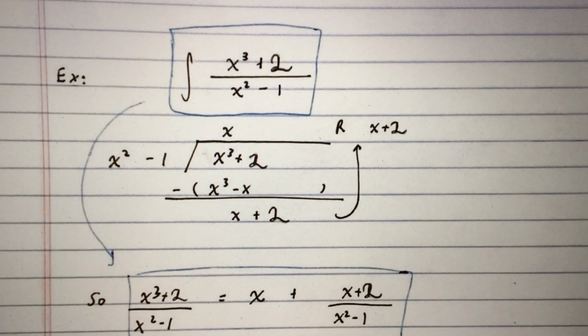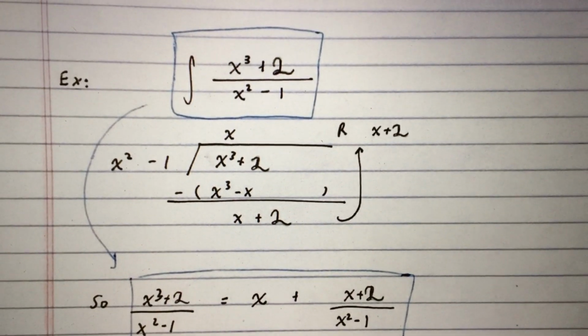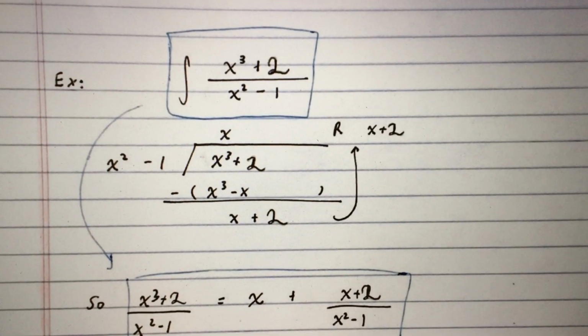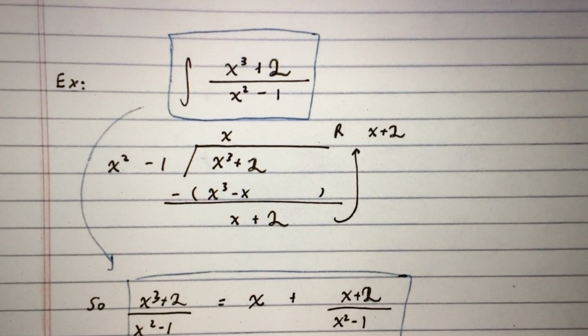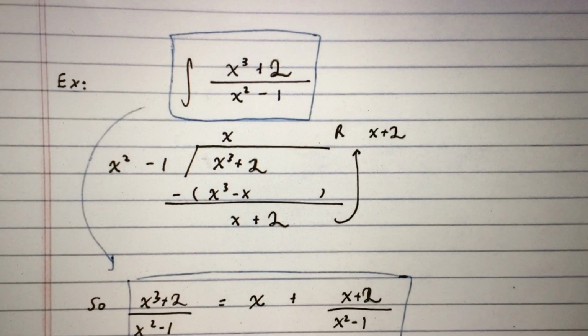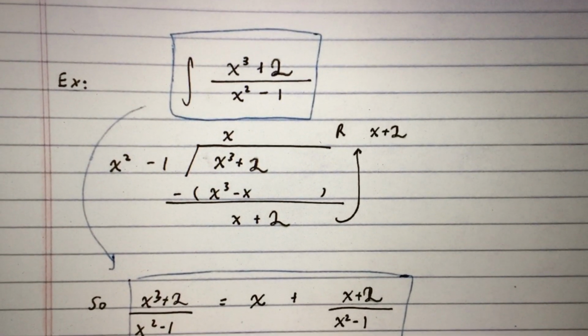So I'm not going to ever be able to set the like powers equal. I won't be able to find something to set equal to 1 for the coefficient of x cubed. So I can't set the coefficients of like powers equal.